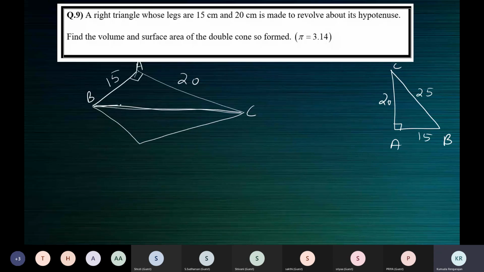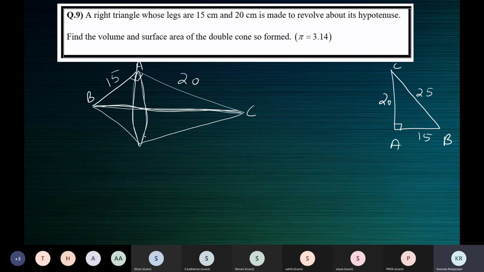So when you turn it about the hypotenuse, the solid generated is a double cone. You will get a cone stuck on this side and this side.